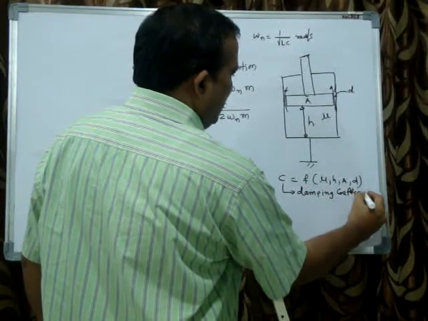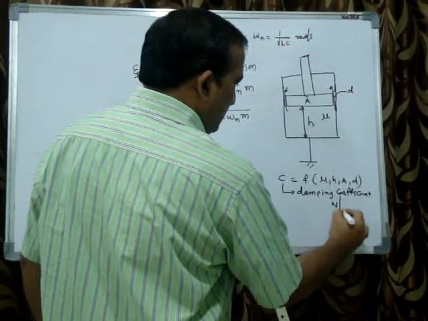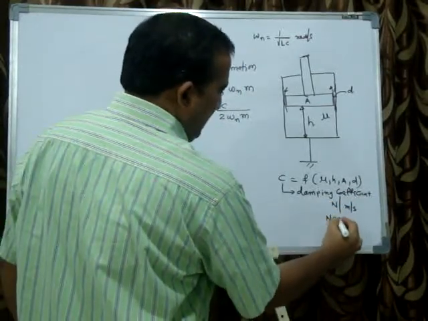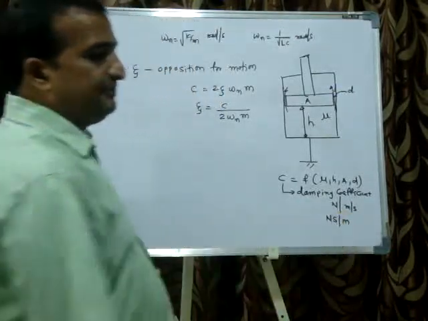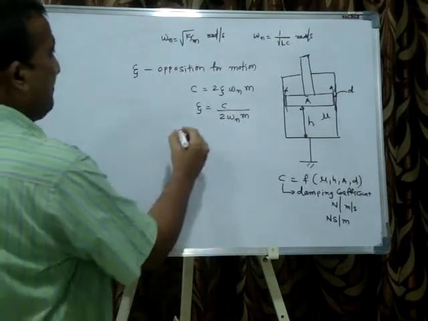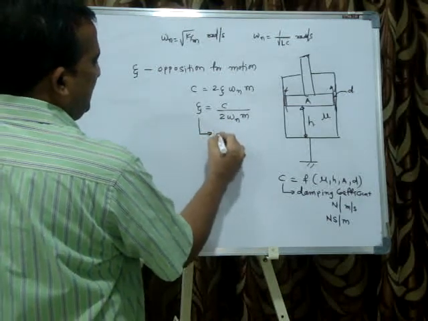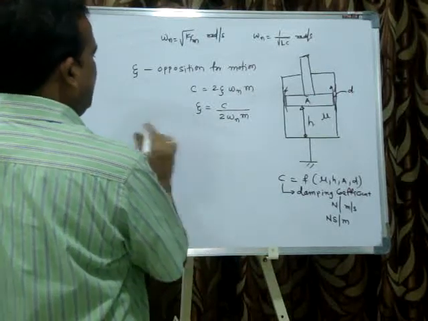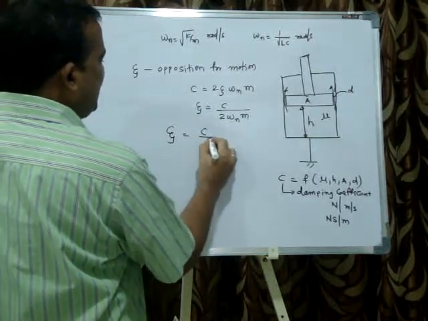And already we know the unit: Newton per meter per second, otherwise Newton second per meter. And zeta is called the damping ratio. Here zeta is equal to C by Cc.